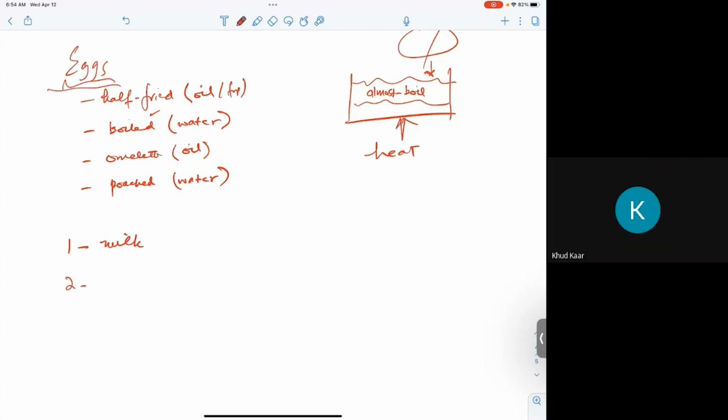Second, she takes some yogurt, or what's the word for lassi in English? Let's see. Some lassi or 2 tablespoons of lassi.